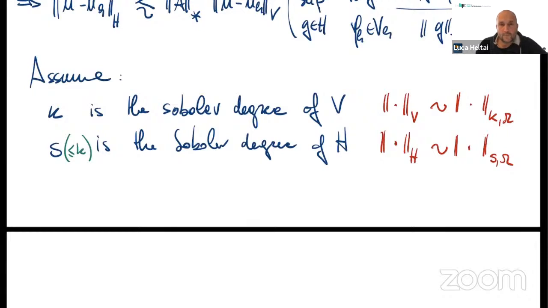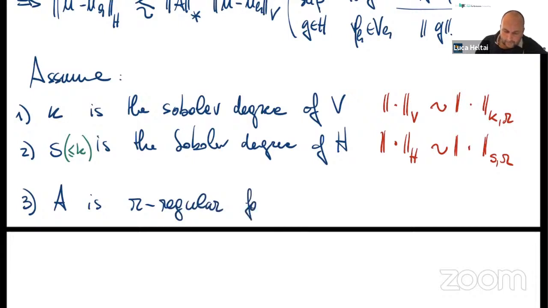And we also assume, so assumption 1, assumption 2, and assumption 3. In assumption 3, we assume that H is R regular for L in S, comma S max.